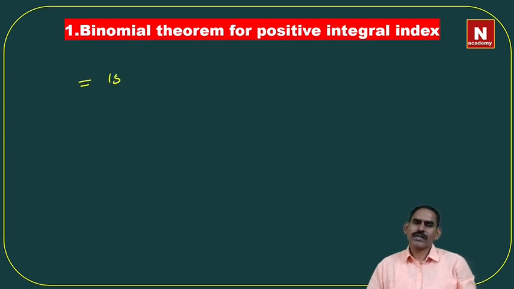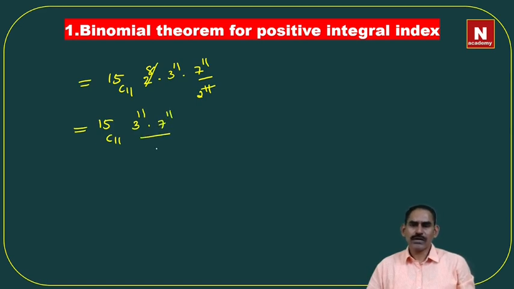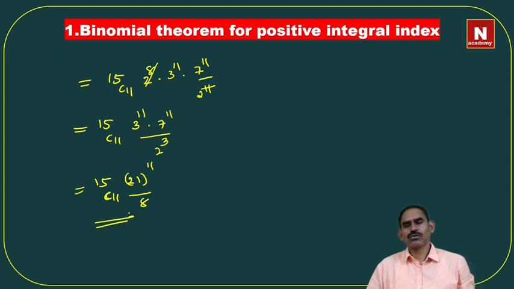That is 15C11 into 4^4, which can be written as (2^2)^4, that is 2^8, into 3^11 into 7^11 / 2^11. Now 2^8 and 2^11 cancel, giving 15C11 into 3^11 into 7^11 / 2^3. That implies 15C11 into 21^11 / 8 is the numerically greatest term. This is the way to find the numerically greatest term in a binomial expansion.